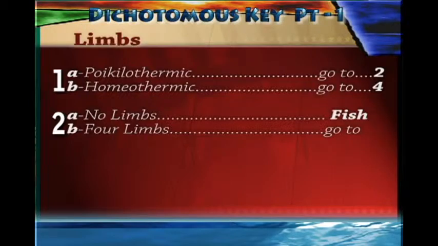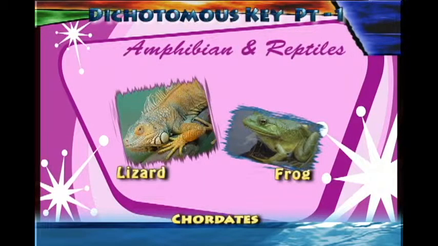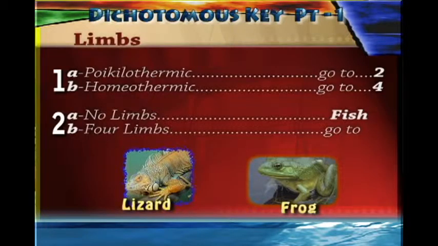Then the question, which one has 4 limbs? We have the amphibians and the reptiles. But because they are 2, we cannot put them at the end of the question. We need to separate them.